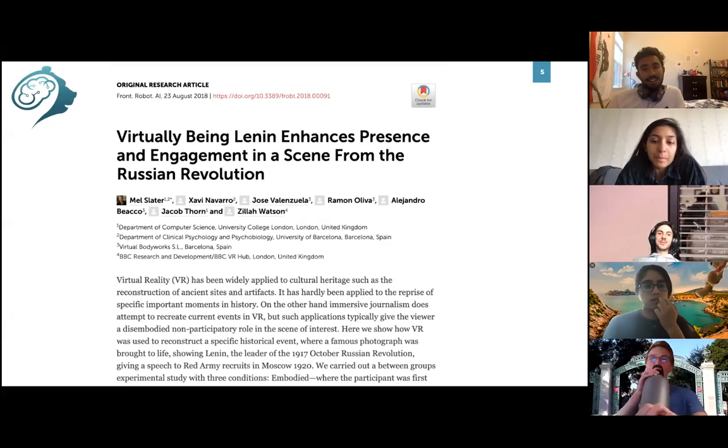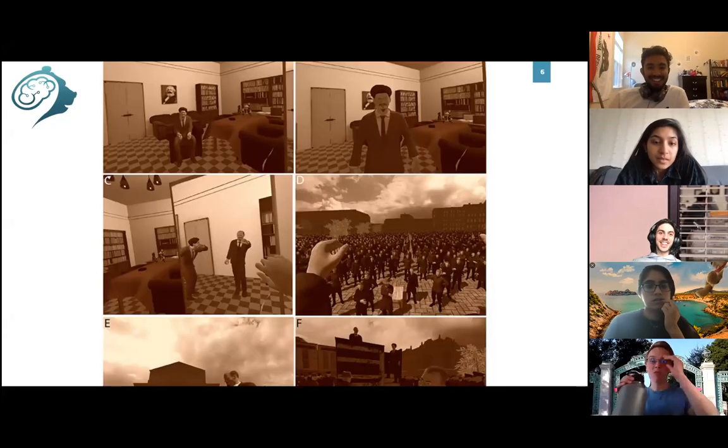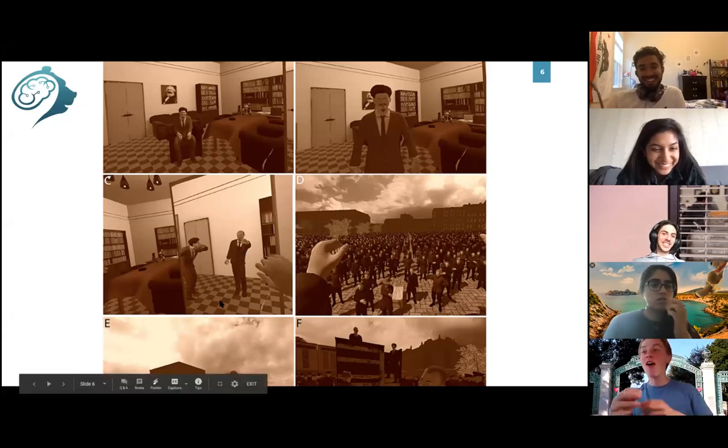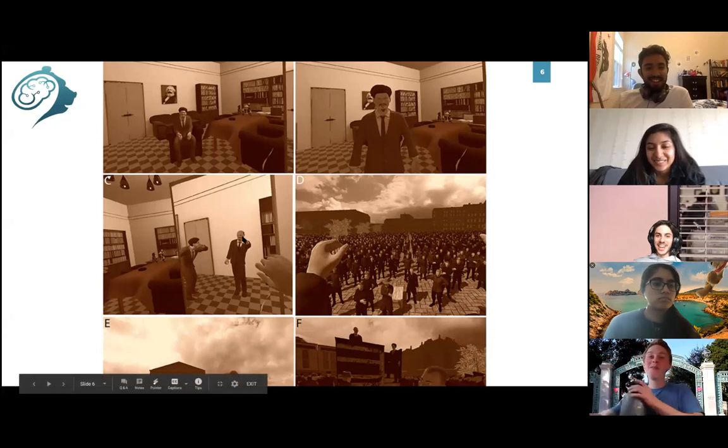Here are some pictures from there. That's Trotsky, that's Lenin, who is also you, as you can see. You're looking into a mirror, and then this is the Red Square, I guess.